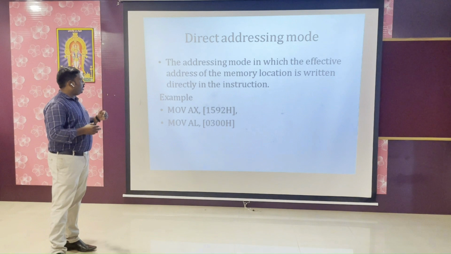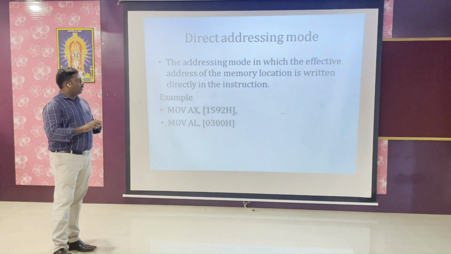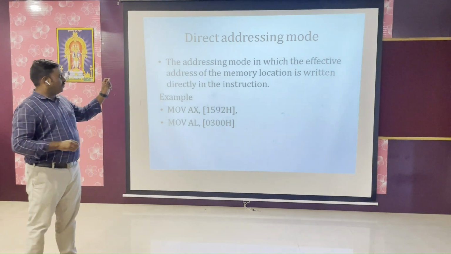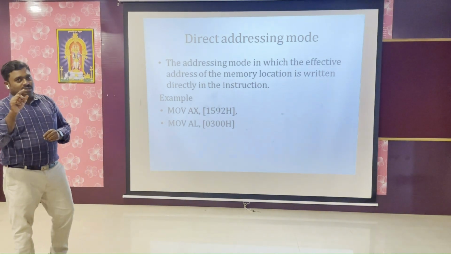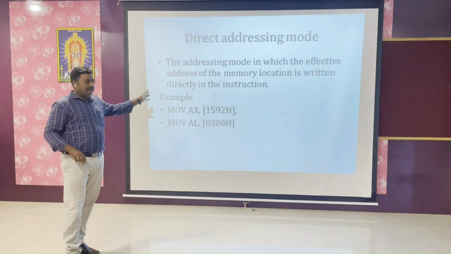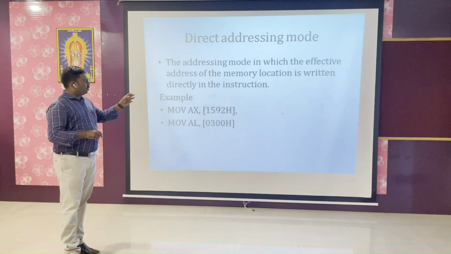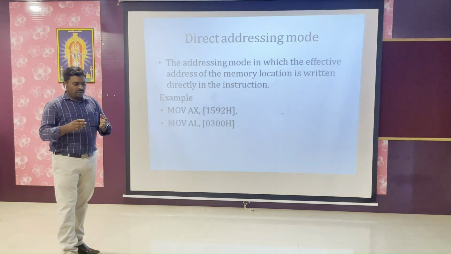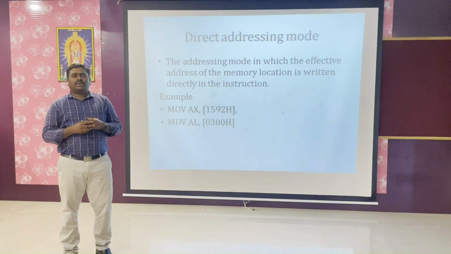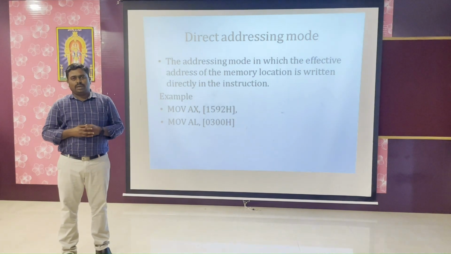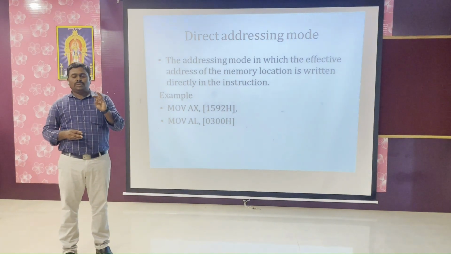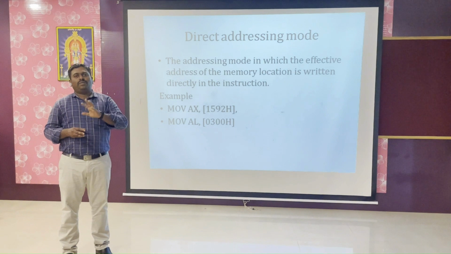Next, direct addressing mode. Here, the effective address of the memory location is written directly in the instruction. We know the segment address and the offset address. Then what is the effective address? The effective address is the segment address times 10H plus the offset address.